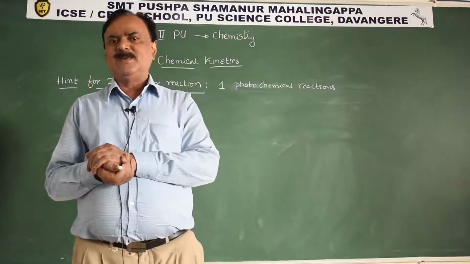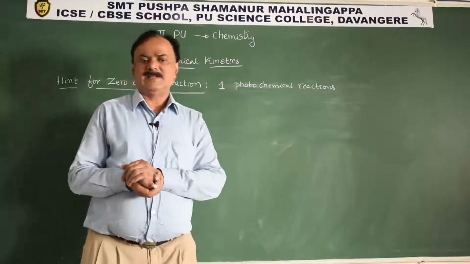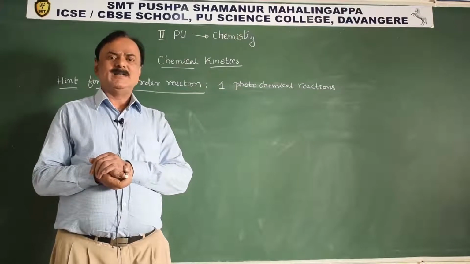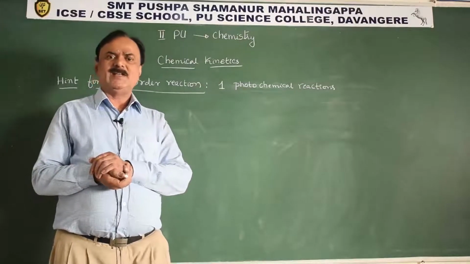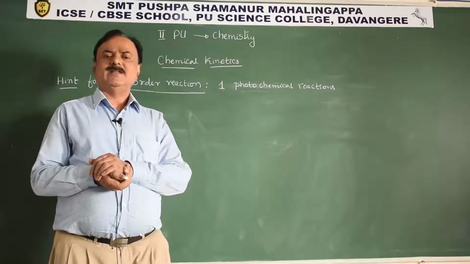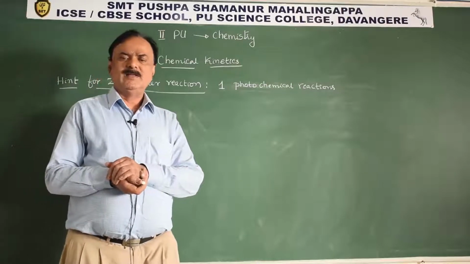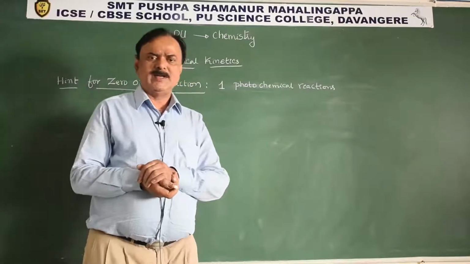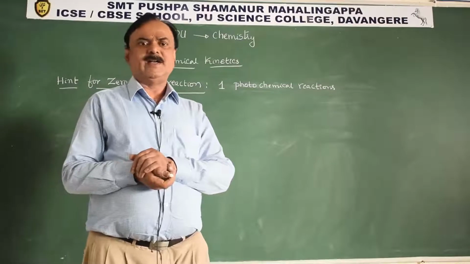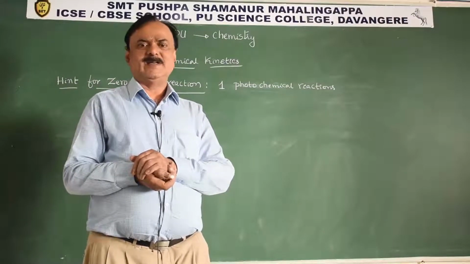Therefore, a good example for zero order chemical reaction is the photosynthesis reaction, because in the presence of sunlight, carbon dioxide and moisture combine in the presence of chlorophyll, then they give carbohydrate. This reaction is a chemical reaction, and kinetically it is a zero order chemical reaction.